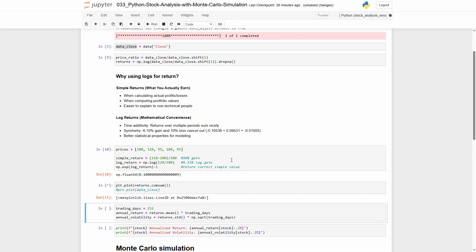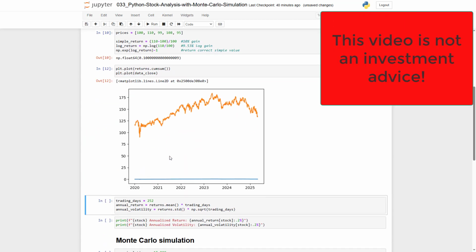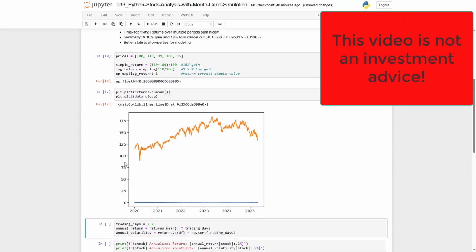Yes, then we plot, and this is how the price of Pepsi looks with the log returns. Let's take a look how it will look like on the second one. Well, not that bad as well. Okay, you see them both plotted, and that's the funny part.